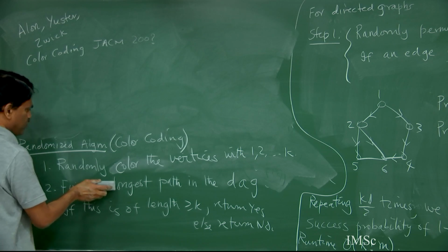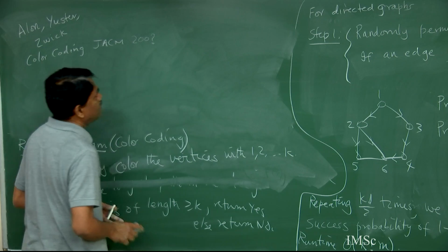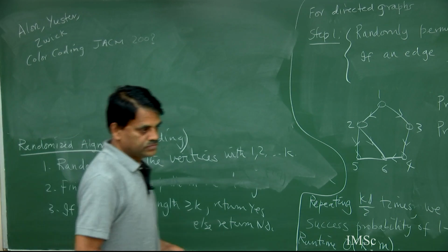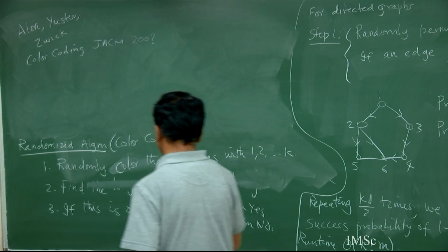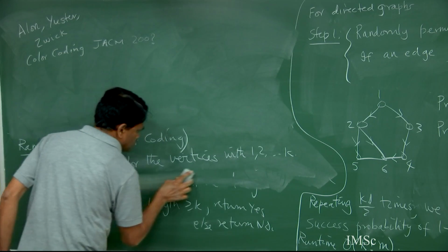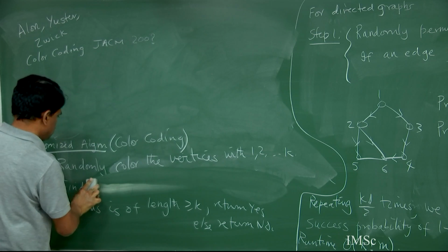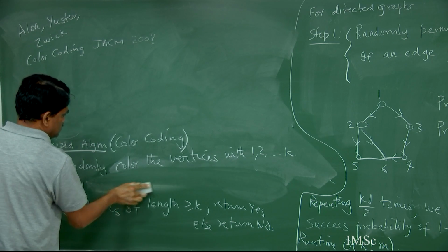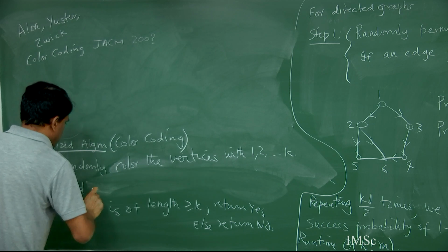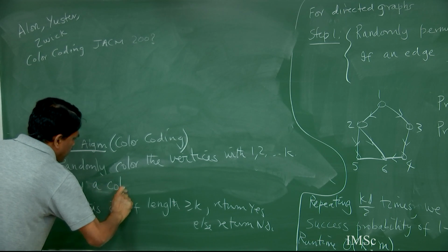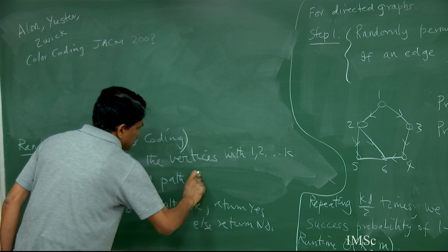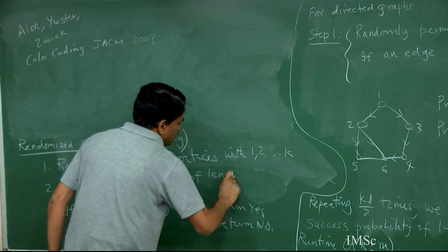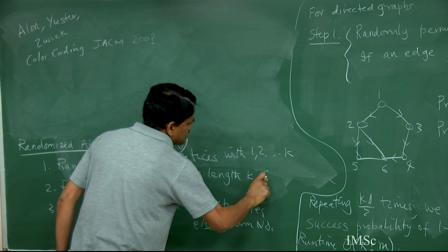Now here what we are going to do: find a colorful path of length k, if it exists.